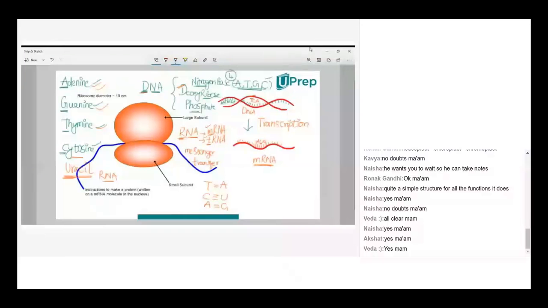This we call transcription. The basic point is that based on the arrangement on DNA, you will have a corresponding arrangement in RNA formation. And later this RNA molecule will synthesize protein. This process we call translation.